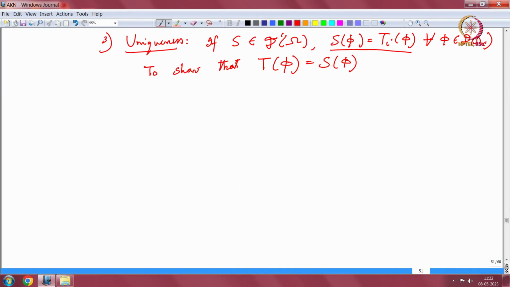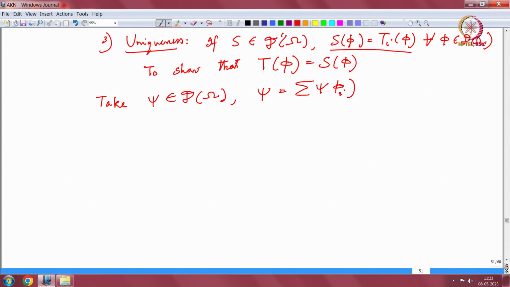So, now again take a psi in D of omega. Then you can write psi equal to summation psi phi I, because phi I is a partition of unity.